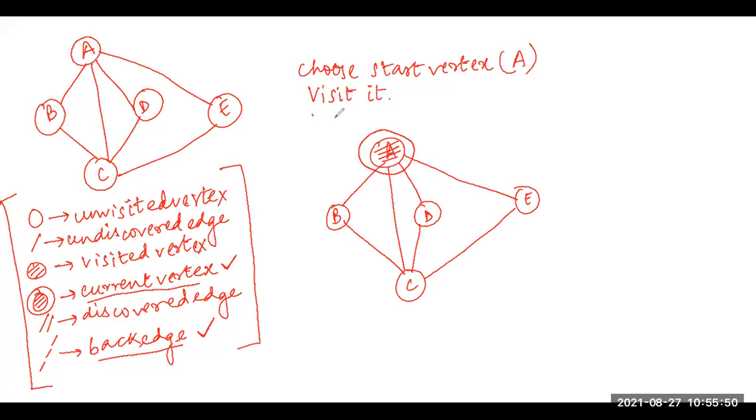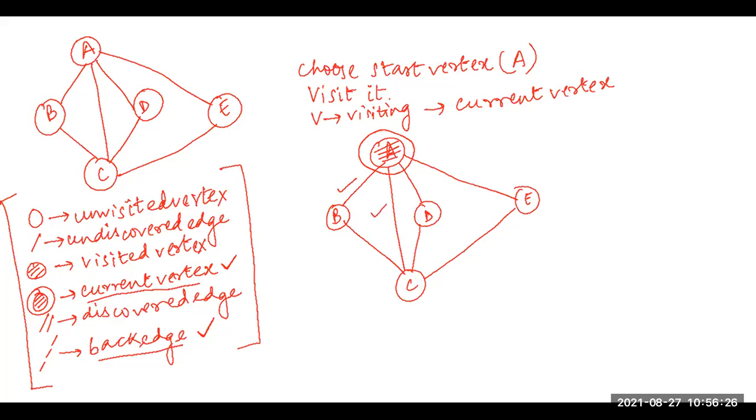The vertex which you are visiting will be called the current vertex. This is a new addition. Now, once I change a visited vertex to current vertex, I will look for the edges that spawn from A, that is, the edges reached from A.